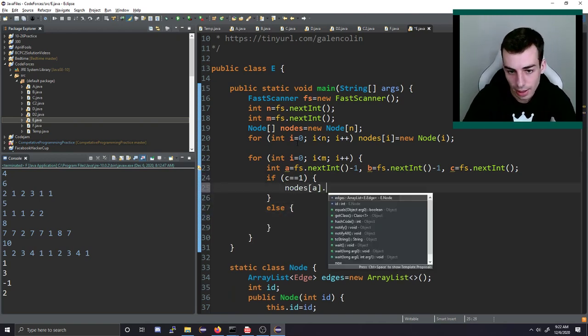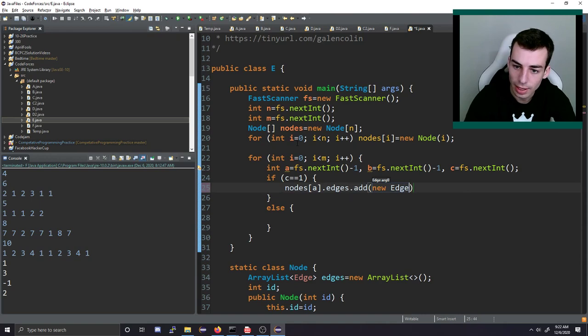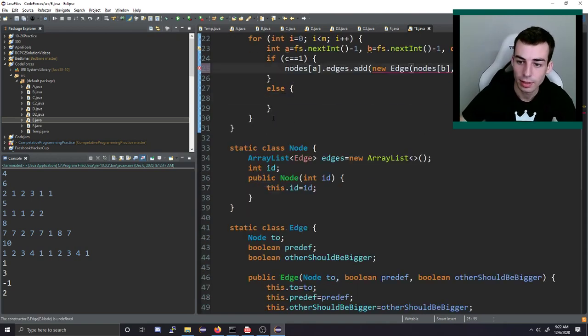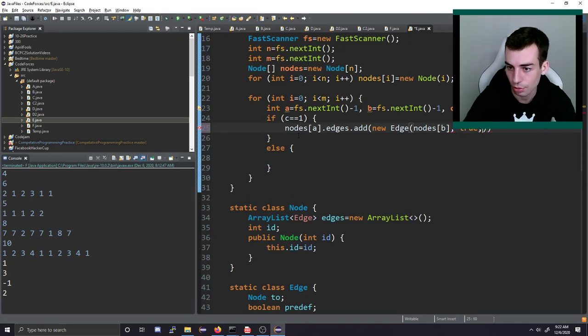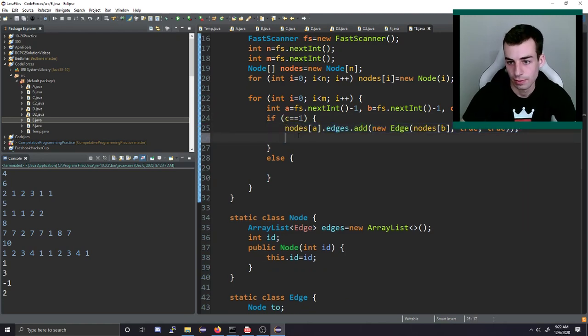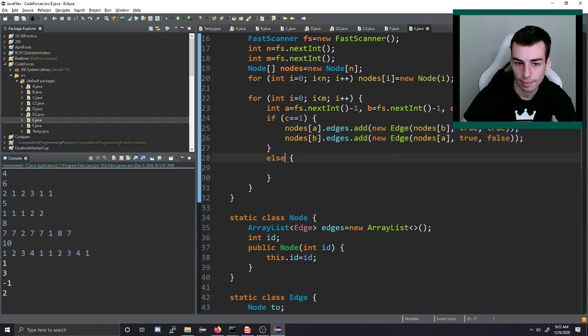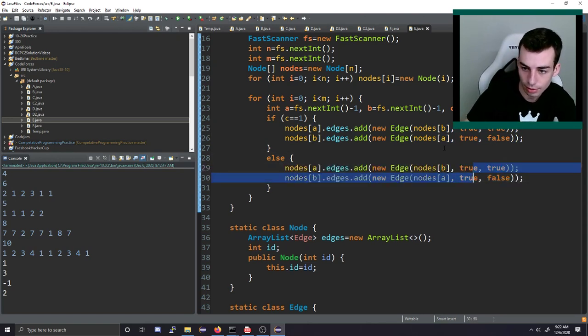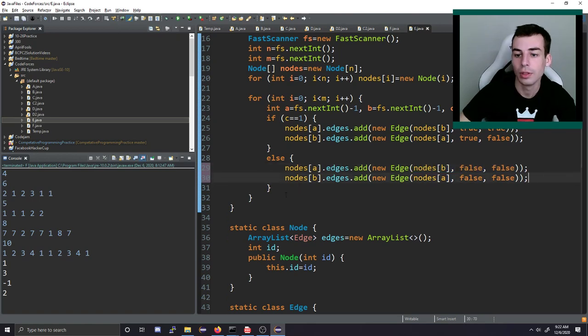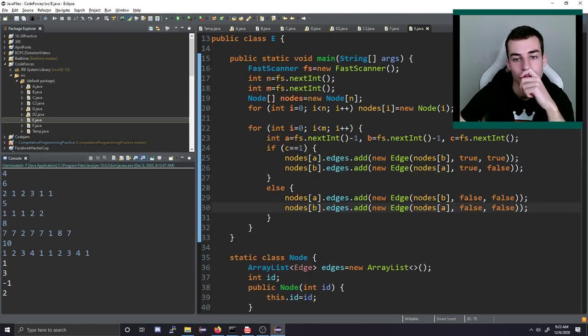Then nodes at A, dot edges dot add, new edge to nodes at B, and predefined is true. The other should be bigger is true. No, the other one should be smaller. So this should be false. This is A and this is B. In this case, we do the same thing, but these are all false. Yeah, okay.